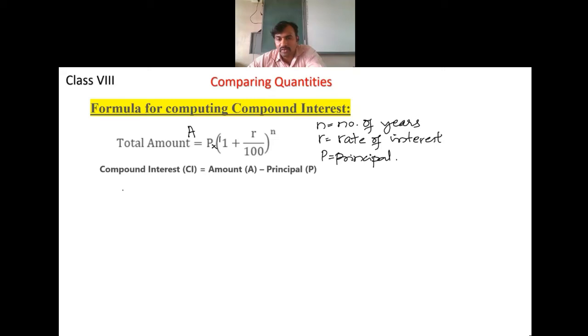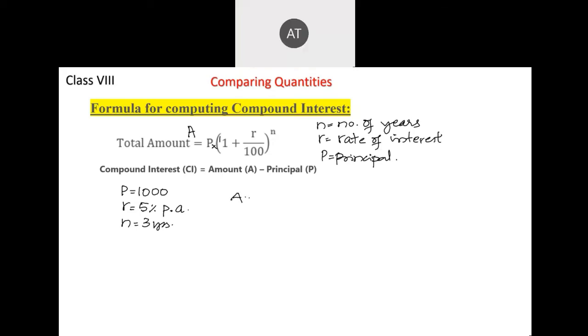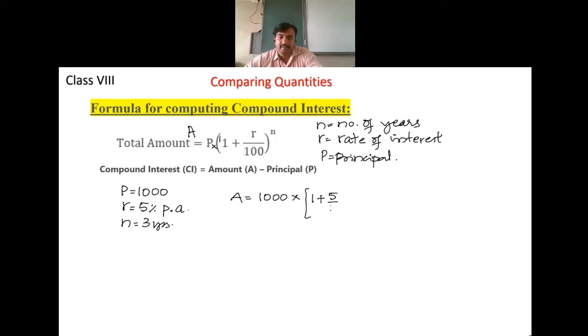I'll take a simple example now. If the principal amount is 1000 rupees, the rate of interest is 5% per annum and the number of years is 3, then amount will be 1000 into (1 plus 5 by 100) to the power 3. The meaning of to the power 3 is to multiply this particular thing 3 times.